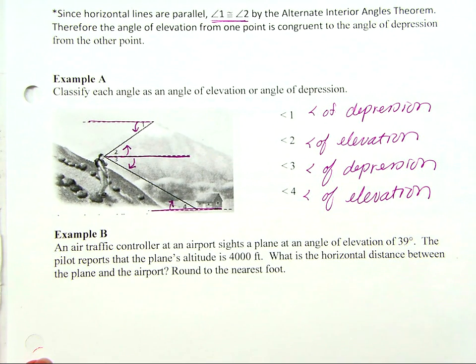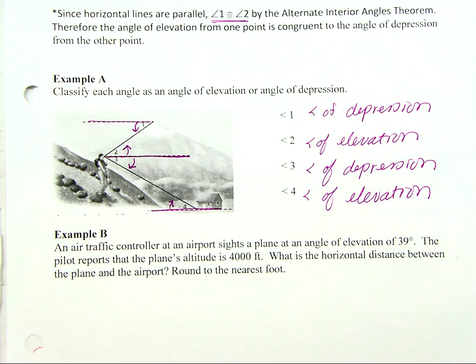Again, the key is to look at the horizontal line and how your angle opens from there. Hopefully your answers match mine, that we have angle 1 was depression, 2 elevation, 3 depression, and 4 elevation.